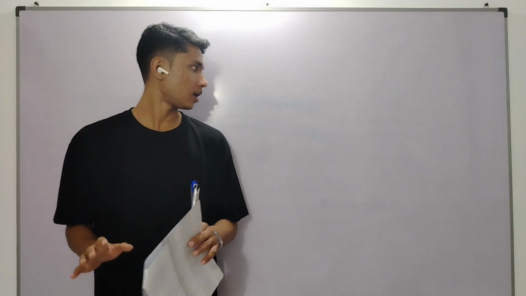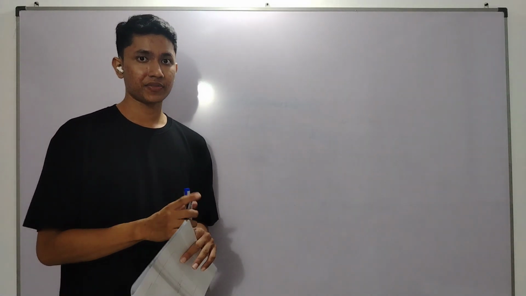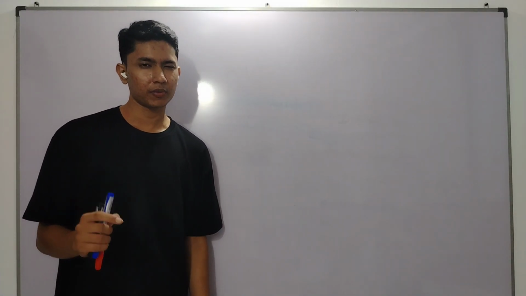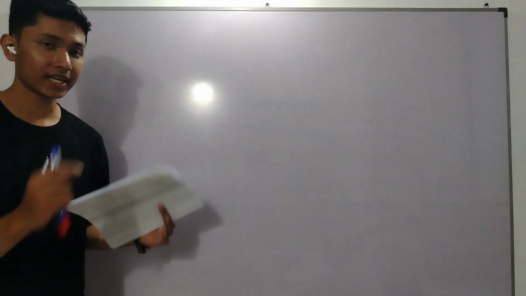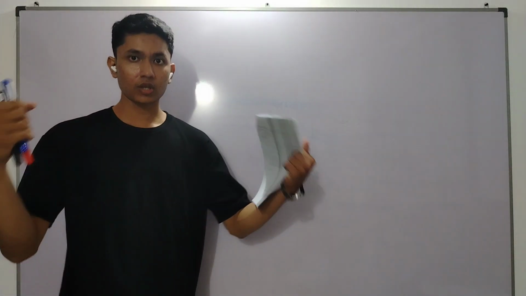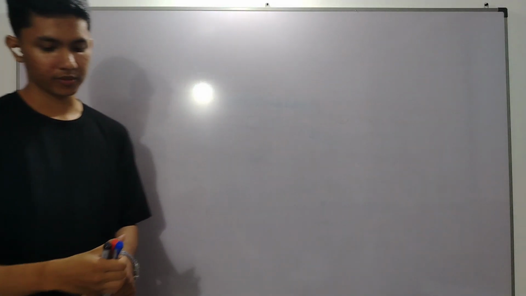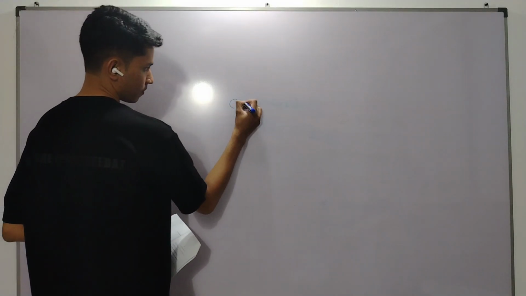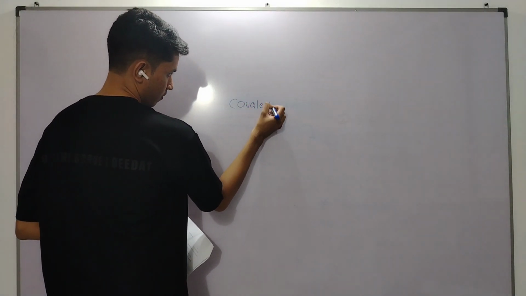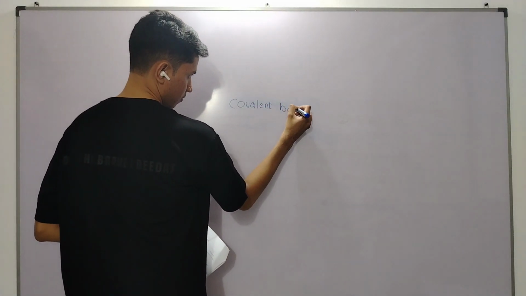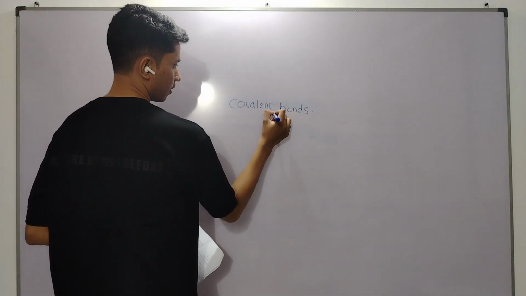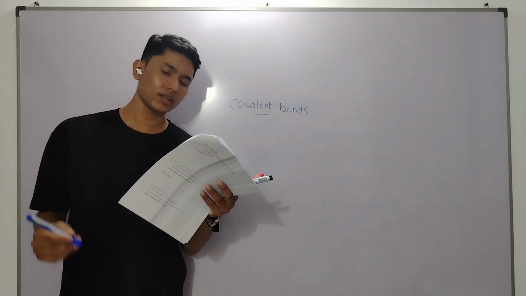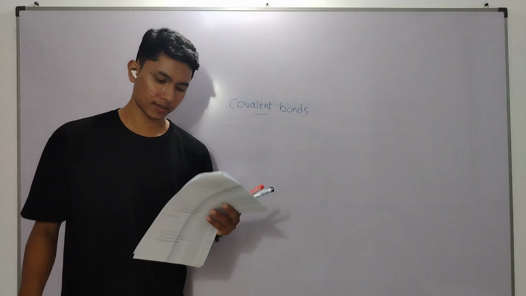Covalent bonds are a type of bond formed by sharing a pair of electrons between 2 atoms. The topic is covalent bonds.